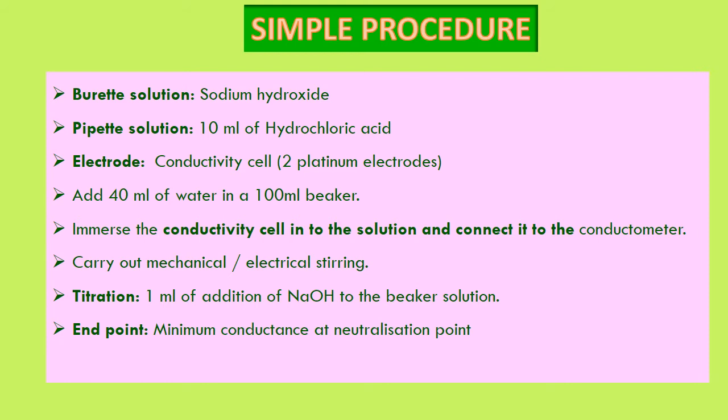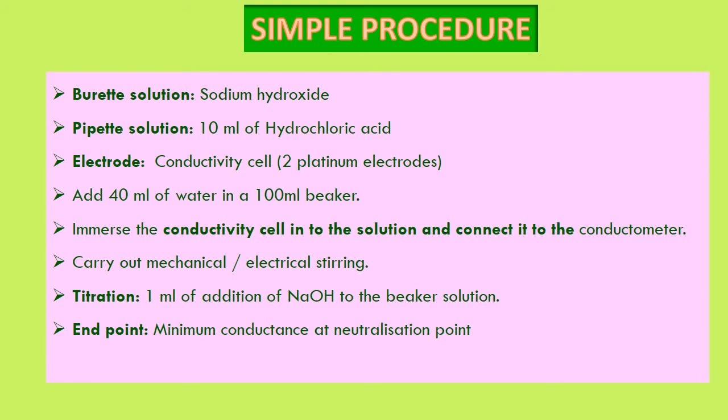Carry out magnetic or mechanical stirring. For the titration, we add 1 ml of NaOH to the beaker solution and find the conductance. Then we again add 1 ml of NaOH solution and see the conductance value. We record the value for each 1 ml of NaOH added to the solution.